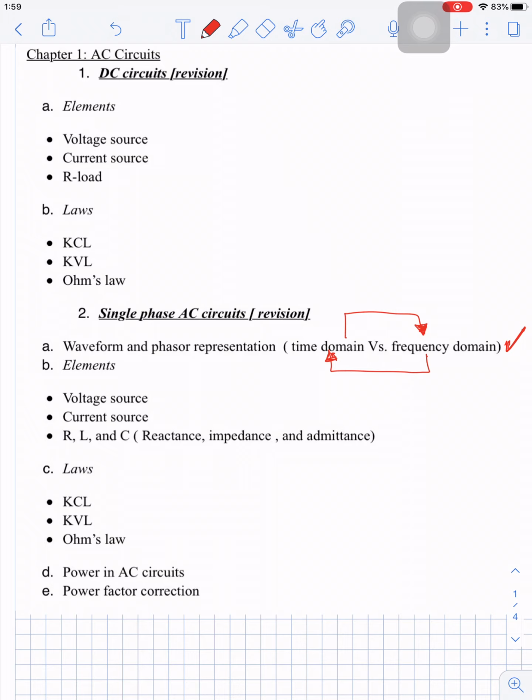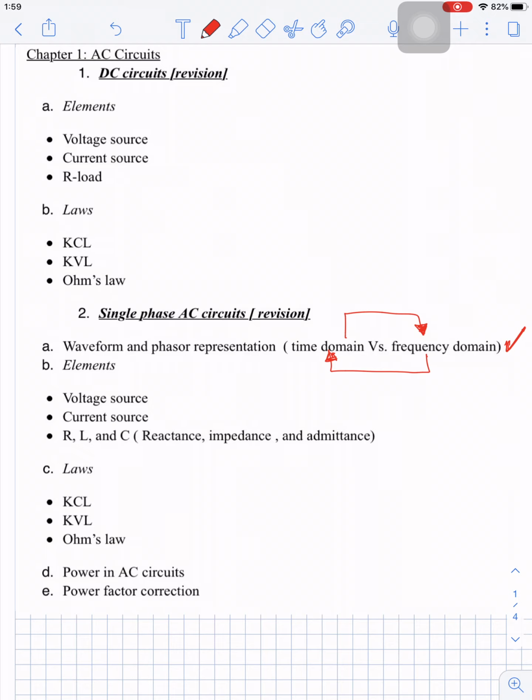And this is the idea of using vectors or phasors, because it's hard to deal with AC circuits in the time domain: you will have to deal with sine and cosine functions, and with differential equations, which is not easy. If you move to the frequency domain, now you have vectors, or complex number calculations which you can do easily using your calculator.